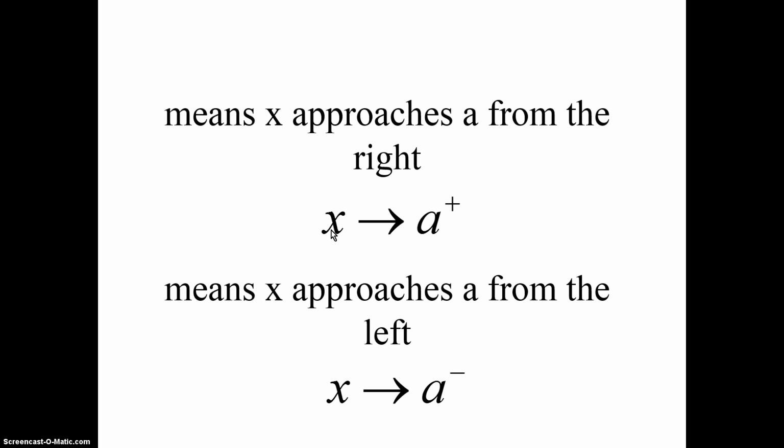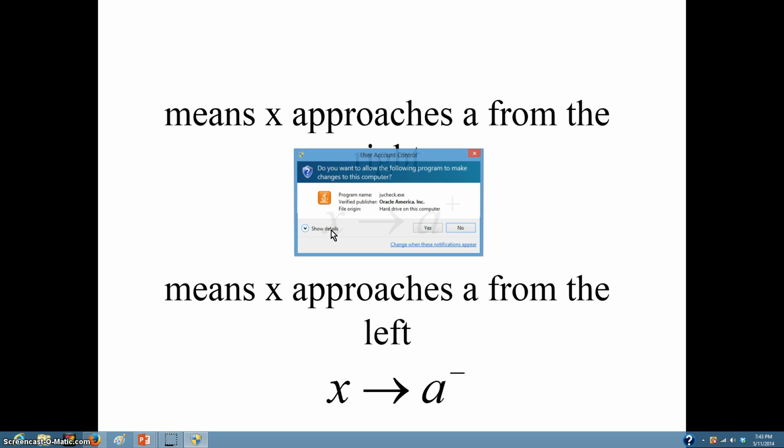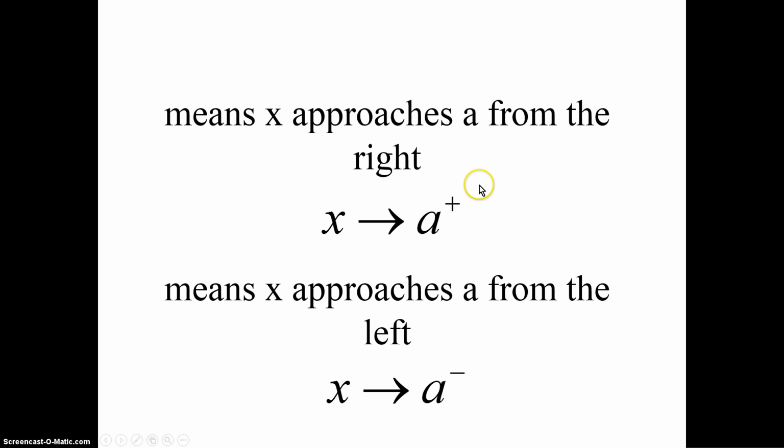Also, that doesn't necessarily mean that it has to be a whole number. It can be 7.01, 7.0001, 7.000001, etc. As long as it's to the right, we denote it with a superscript of a plus sign. For the left-hand side, it's the same concept.